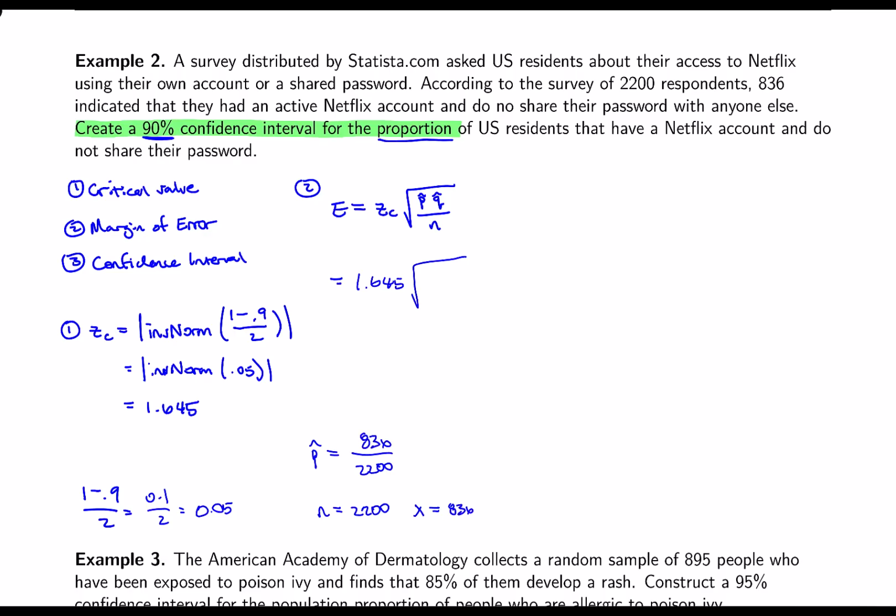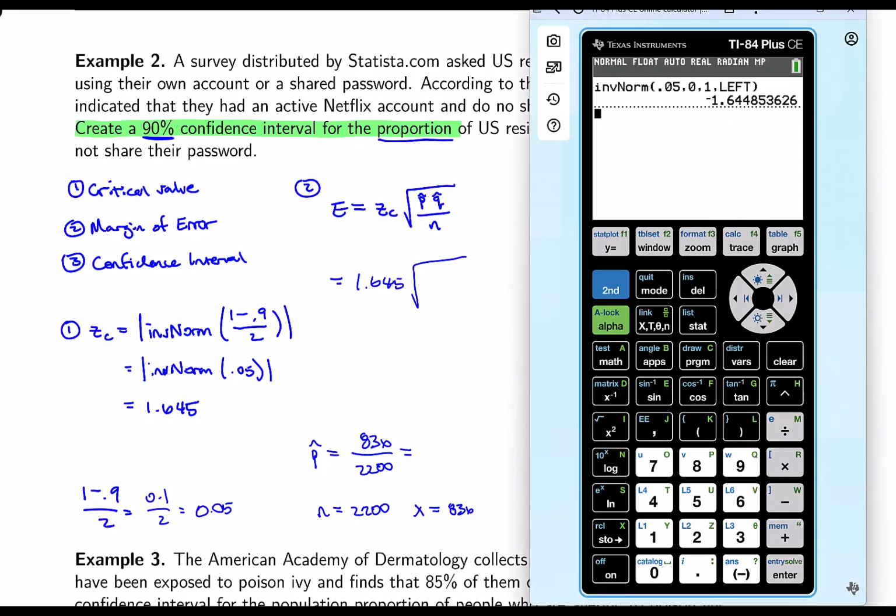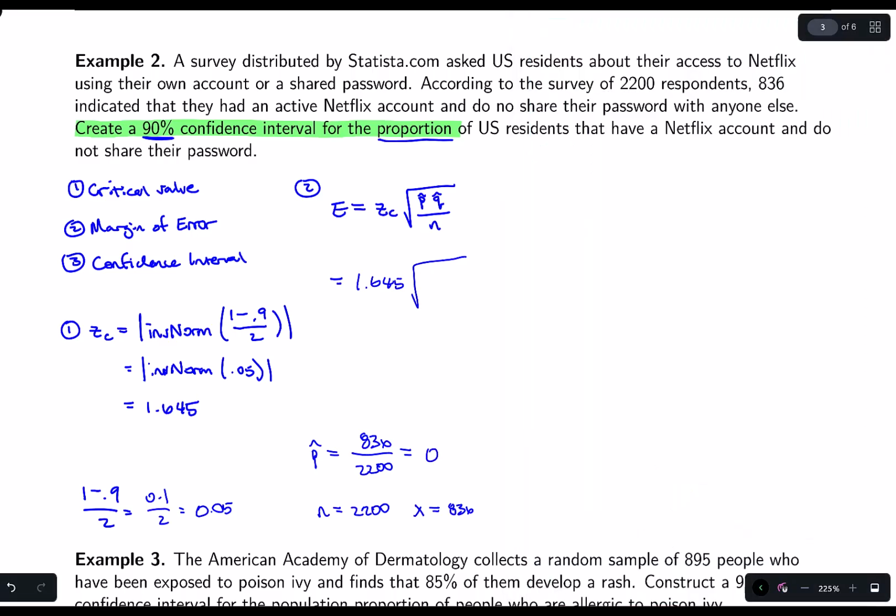So 836 over 2,200, that's going to be the value of p hat here. And we may have to round that. Let's see what happens. Oh, that works out as an exact value, 0.38. If you need to round it, take it to a few decimal places, maybe more than you normally would, just to make sure you get enough accuracy in the final answer. So that would be 0.38 for p hat.